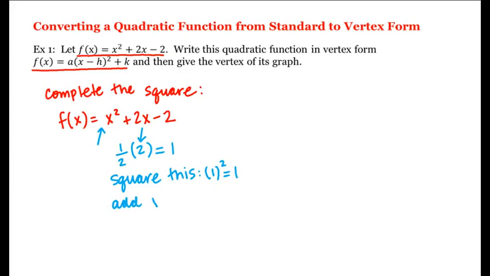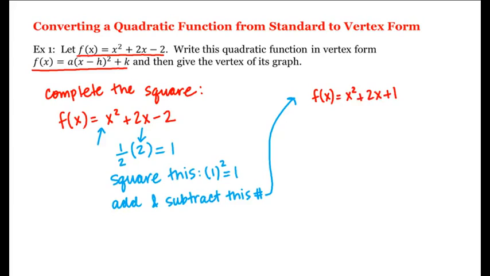And then we add and subtract this number. That is, we have f of x is equal to x squared plus 2x plus 1 minus 1, and then we still have the minus 2.